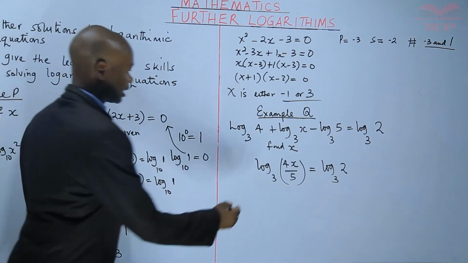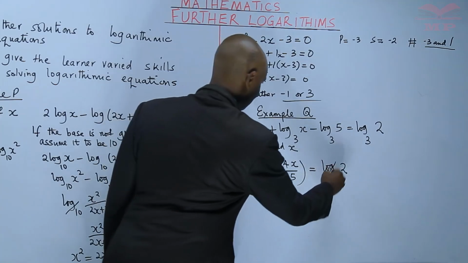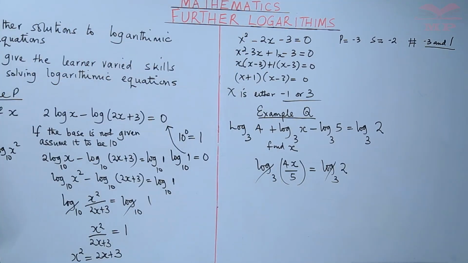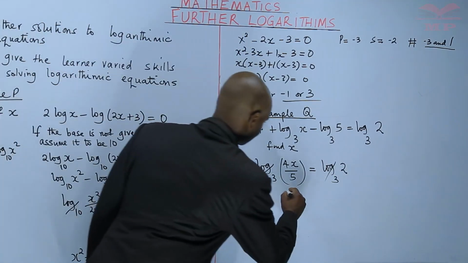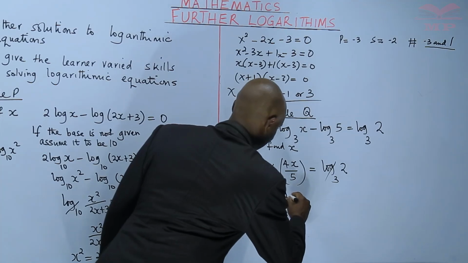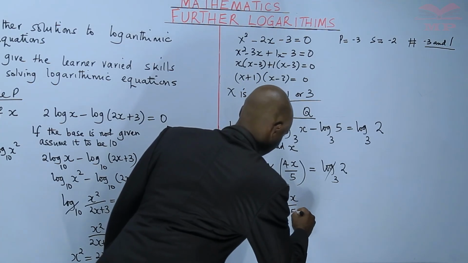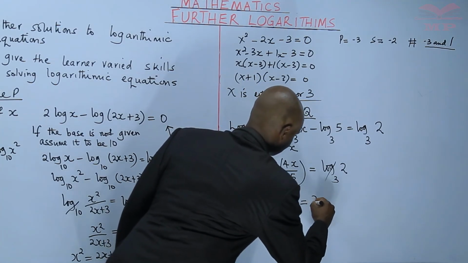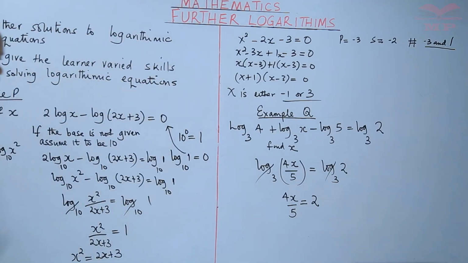So what happens there? Log base 3 is common, I can do away with it. So what will I remain with? 4x over 5 is equal to 2, learner.